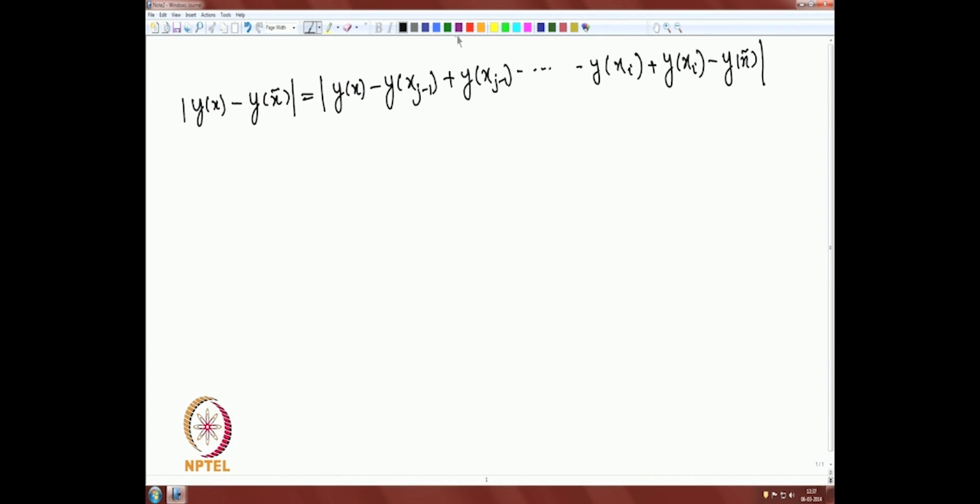If you group them, this is less than or equal to the absolute value of y of x minus y of x j minus 1 plus, and so on, plus y of x i minus y of x tilde.